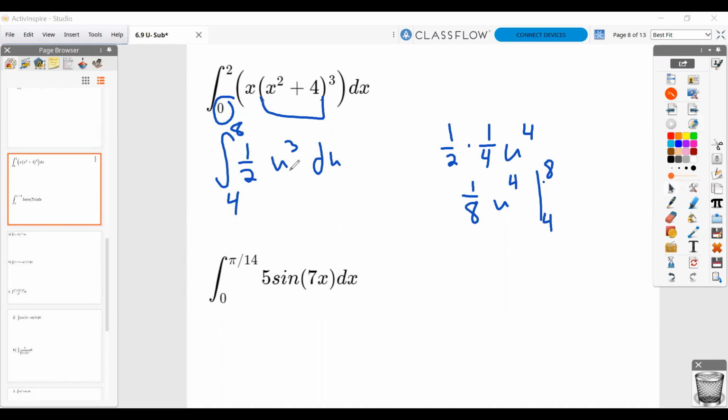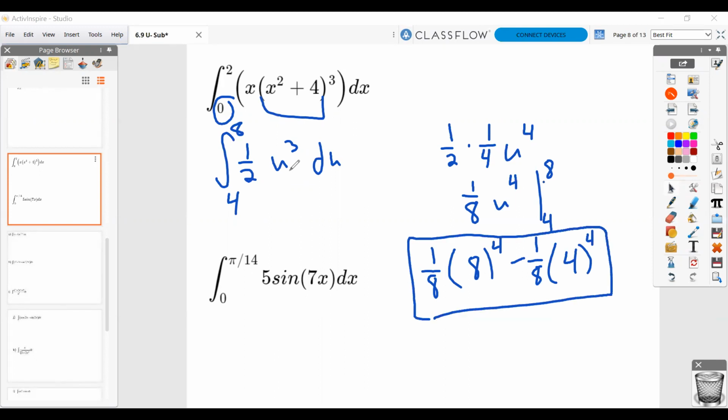So now we just have to plug our bounds in. This becomes 1/8 times 8 to the 4th minus 1/8 times 4 to the 4th. I think this is something we could do without a calculator, but I don't think they're going to ask you to do that. And it's really not that bad to do with a calculator. Though probably we wouldn't even do all these steps if we had a calculator. But we'll say for now, this is our final answer.